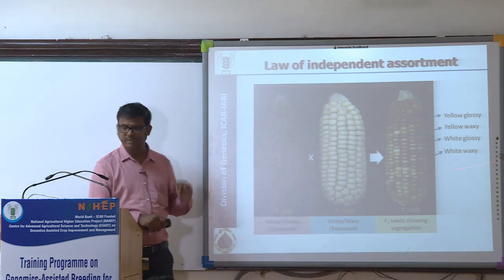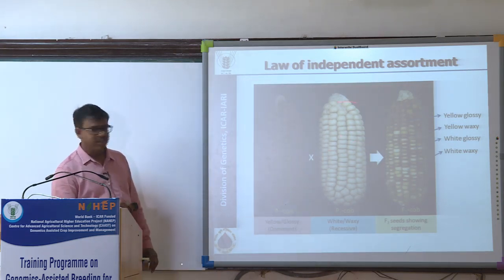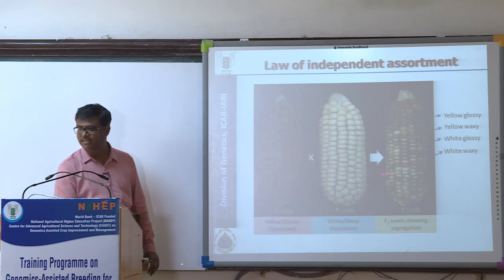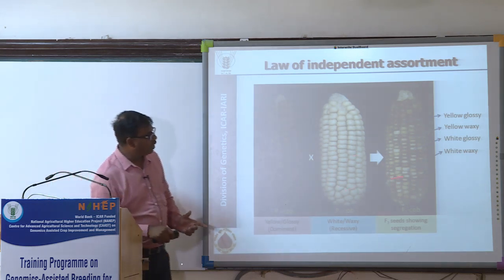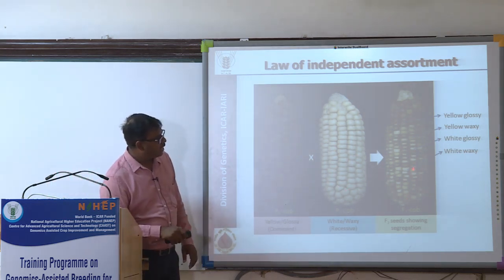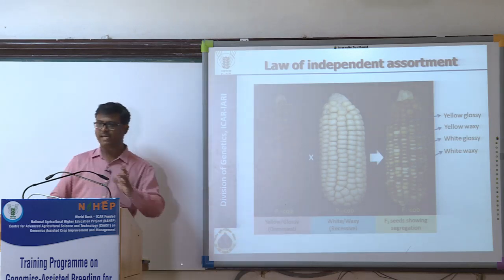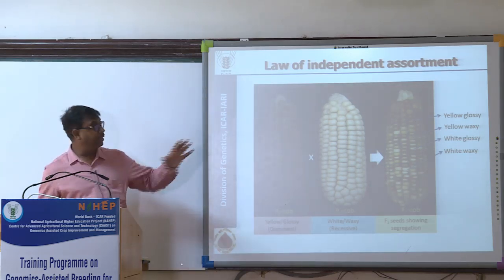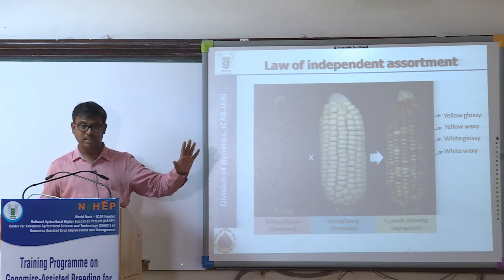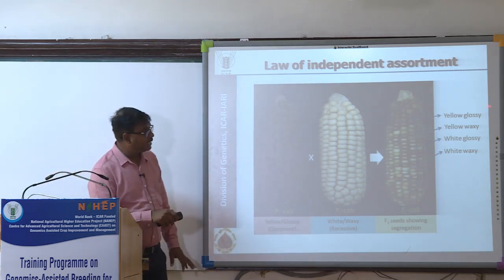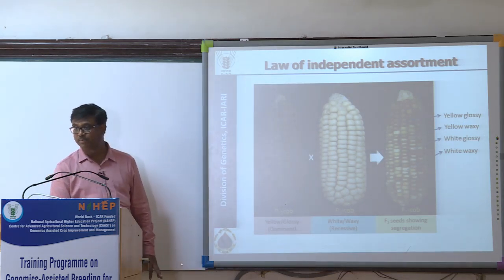So there are two traits which are segregating, yellow versus white and glossy versus paleness, right. So once you go and make crosses, in the F2 seeds you see there are yellow glossy, yellow waxy, white glossy, and white waxy. So all the 4 grains can be identified on an F1 cob, that is on the F2 seeds. And if you see, it will segregate exactly 9:3:3:1, right?